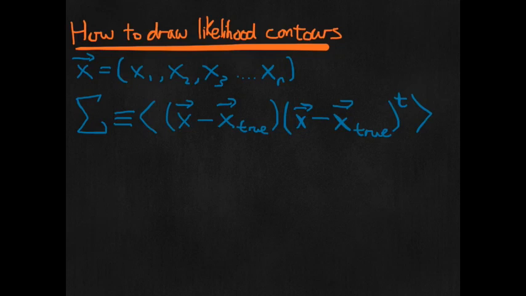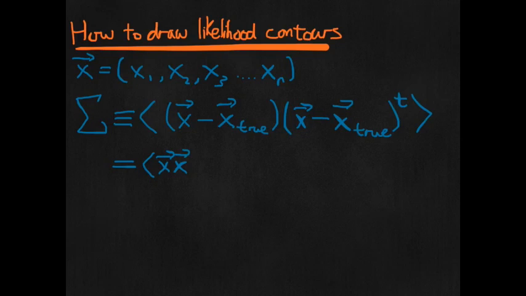Okay. Now, without loss of generality, I am going to assume that x true is 0. In other words, I can choose my coordinates, I can recenter my coordinates so that the true value that I'm trying to measure is 0. And that's nothing magical, just for a bit of notational convenience here for me.